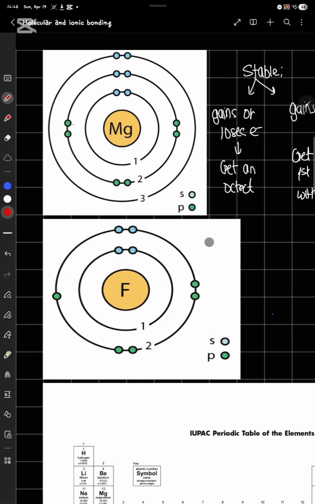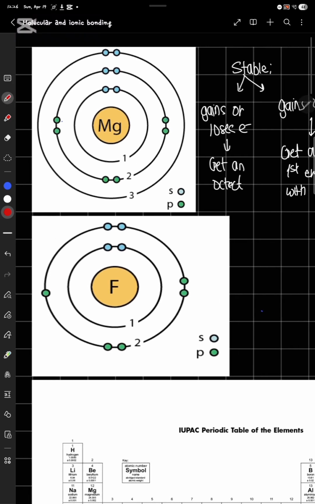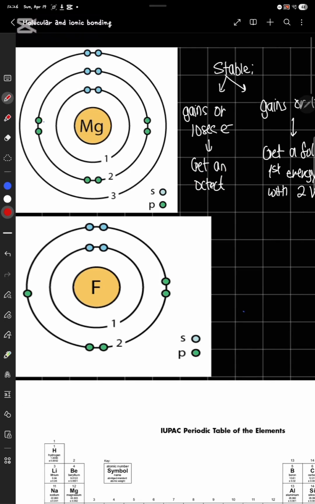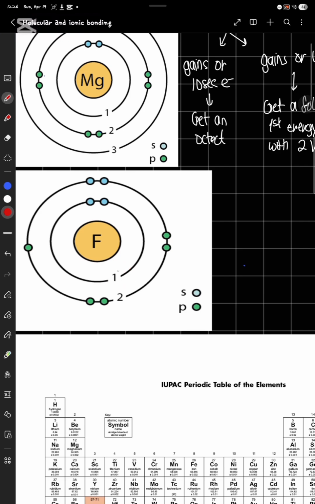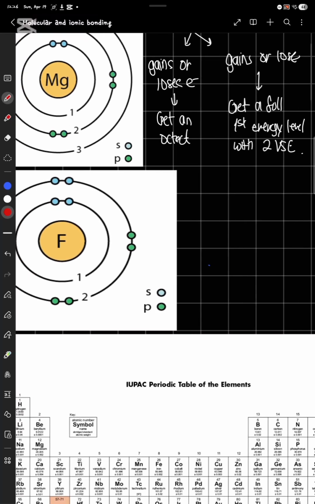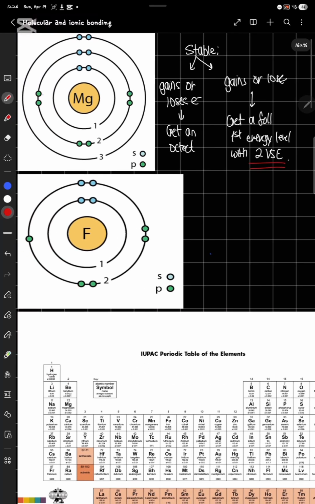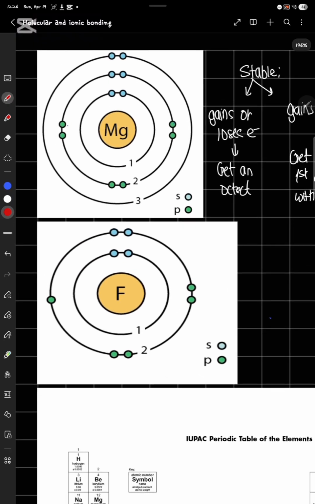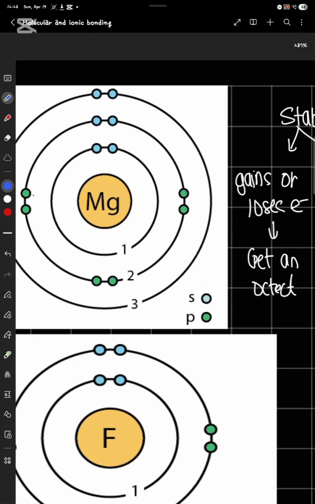So there are 2 different types of stability depending on the atom. Some atoms have more orbitals, and hence you can go through the octet. Some only have 1 or 2 orbitals, and there you end up with 2 valence shell electrons, but only in the first shell. Okay, so let's dive in.